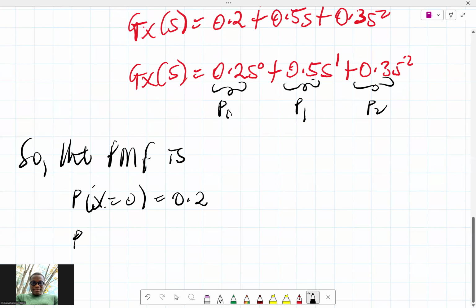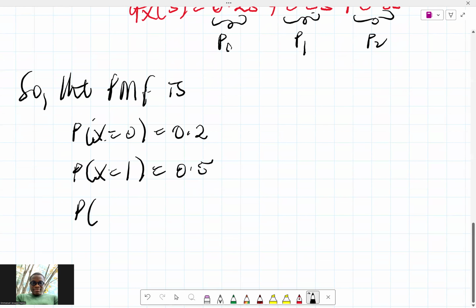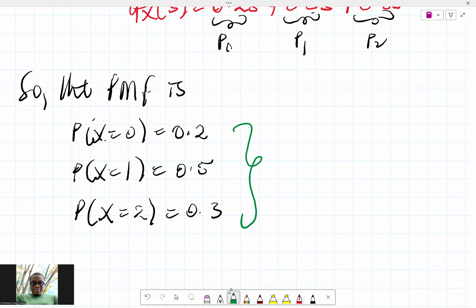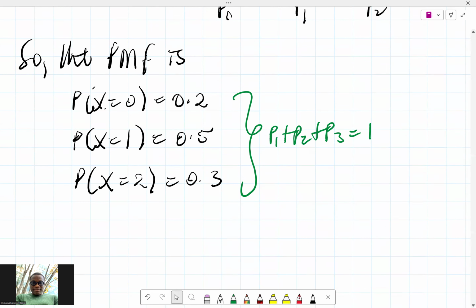Probability that X is equal to 1 is 0.5. And lastly, probability that X is equal to 2 is 0.3. And of course, that obeys the rules of probability. If you add up everything, it gives you 1.